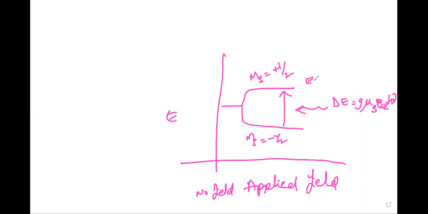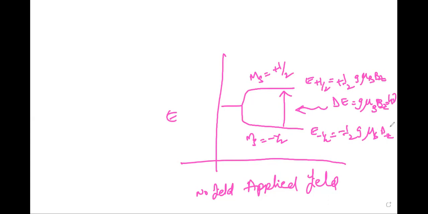So here the E plus 1 by 2 and E minus 1 by 2 values are plus 1 by 2 into g into mu B Bz and minus 1 by 2 into g into mu B Bz.